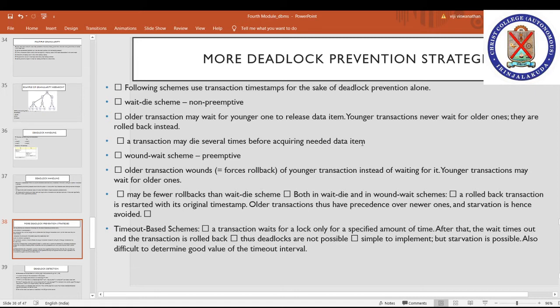They roll back. Next one is wound-wait. This is a preemptive one. Older transactions roll back the younger transaction, and a younger transaction may wait for an older one. In wound-wait, a younger transaction waits for an older one.